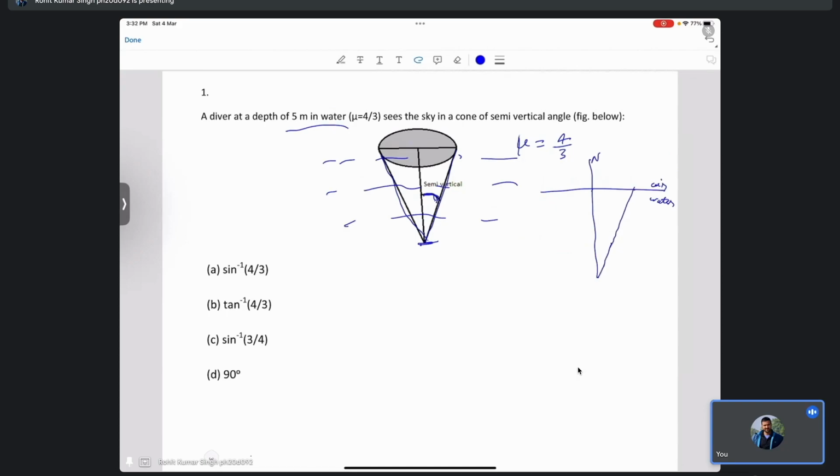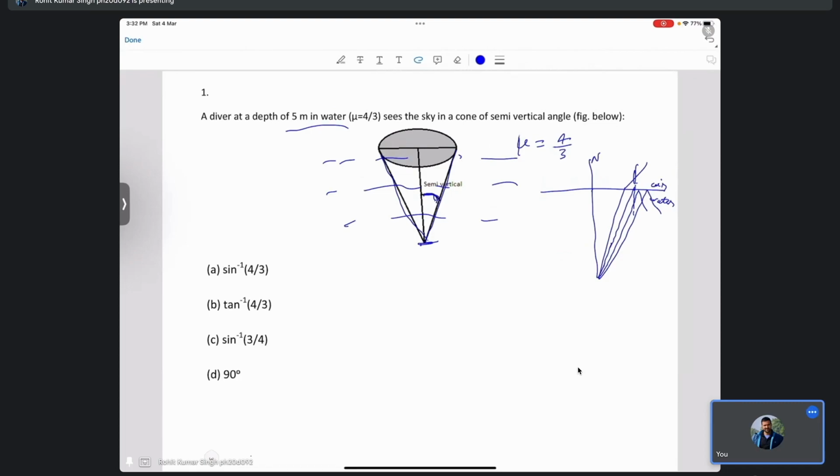What I'm saying is, after this, all the light is getting totally internally reflected. That's why he's not able to see the sky above after this. So at which incident angle should all the light go out? You know there is a critical angle after which all the light gets totally internally reflected, right?